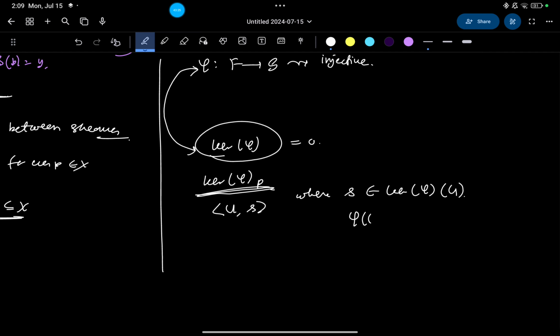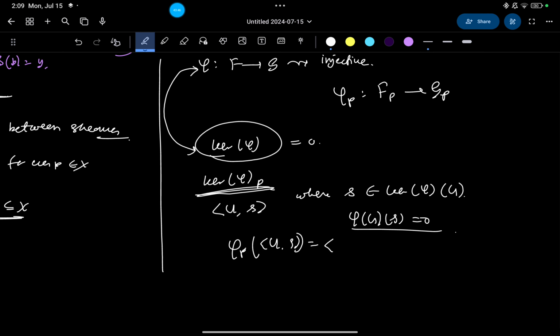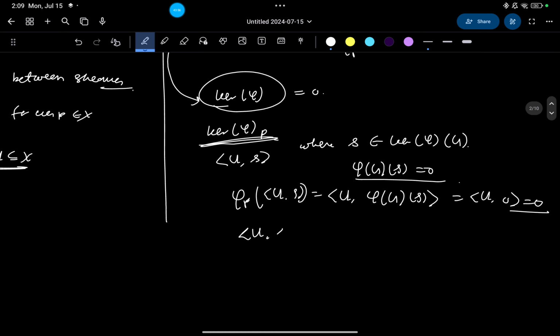S belongs to kernel phi of u means phi u of s is 0. If you consider phi p from Fp to Gp as the induced group homomorphism, then phi p of u comma s is nothing but u comma phi of s, which is u comma 0, of course 0. That means u comma s belongs to kernel phi p.